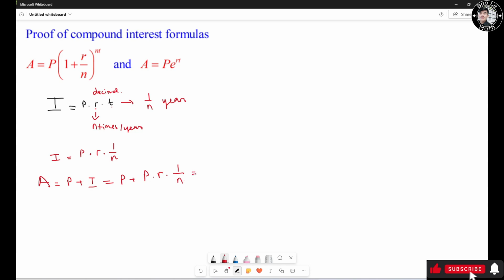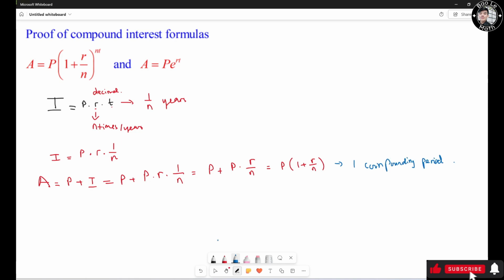Now, this one can be written as P plus P times R over n, and then you factor P out, so it will be P times 1 plus R over n. So this is the amount after one compounding period.